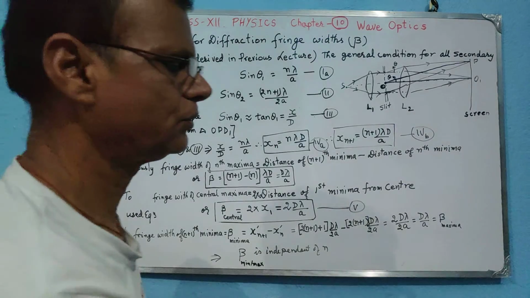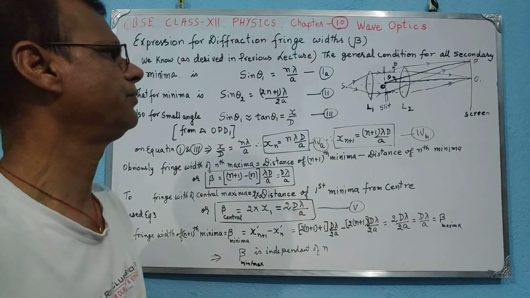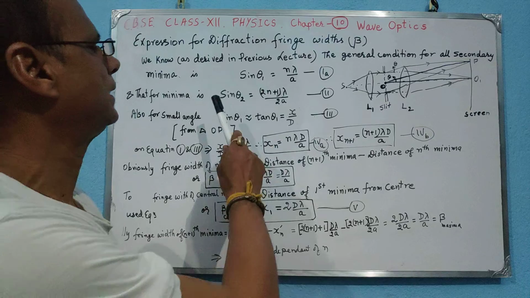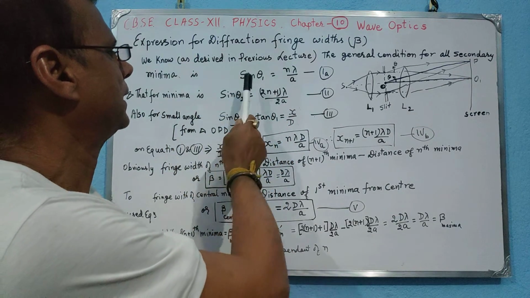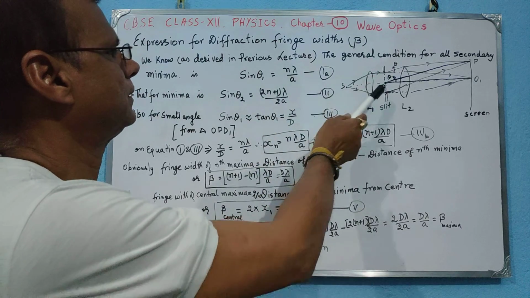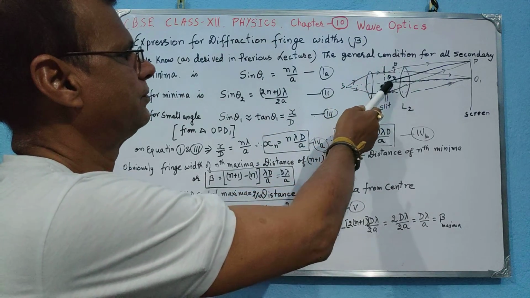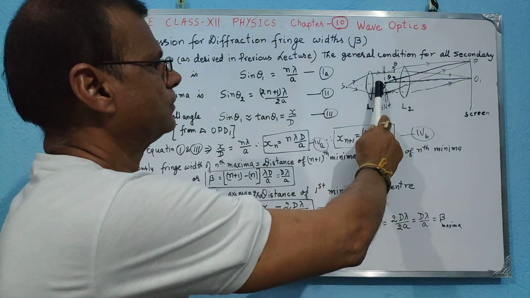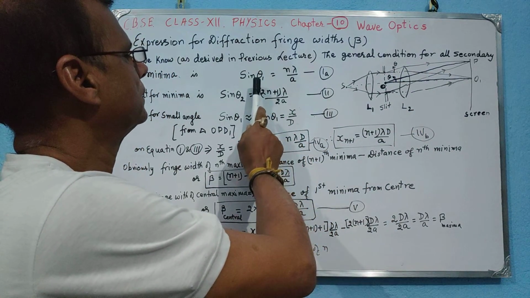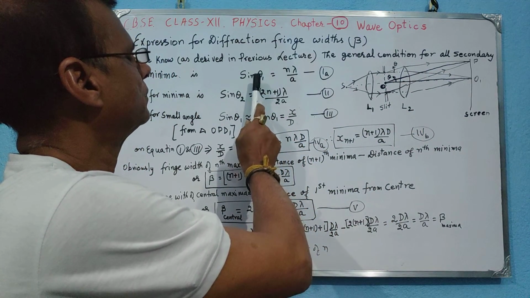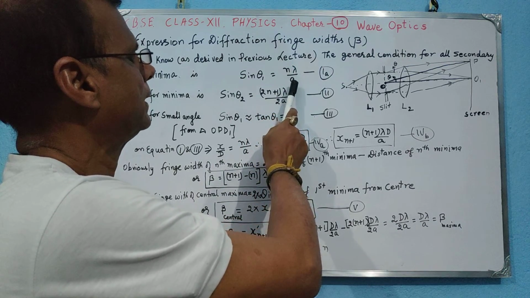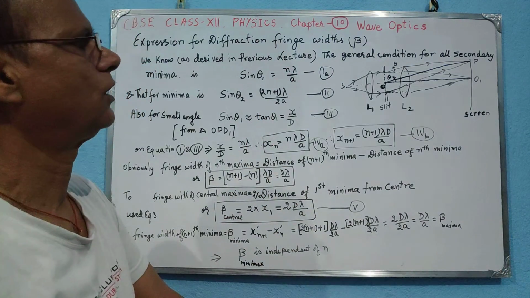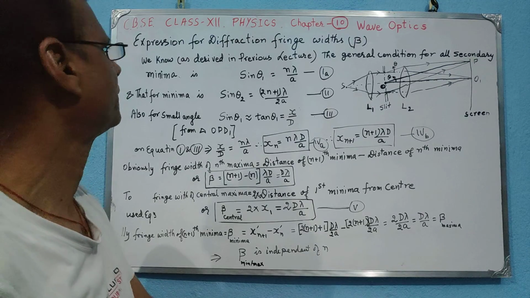Today we are going to find the fringe width, and we have already derived this relation for minima: sin theta, the angular separation, the angle by which the ray is bending from the original path OO', and we found that sin theta is equal to n lambda by a, where n is the order of the secondary fringe.